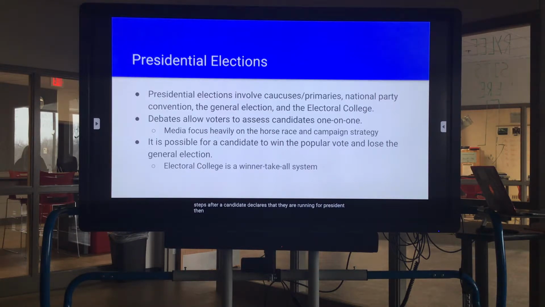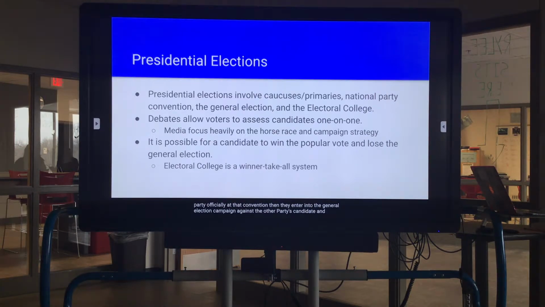Then if they win enough primaries across the different states, or caucuses if you're in Iowa, eventually the summer before the general election, there's a national party convention. They'll get the endorsement of their party officially at that convention. Then they enter into the general election campaign against the other party's candidate.